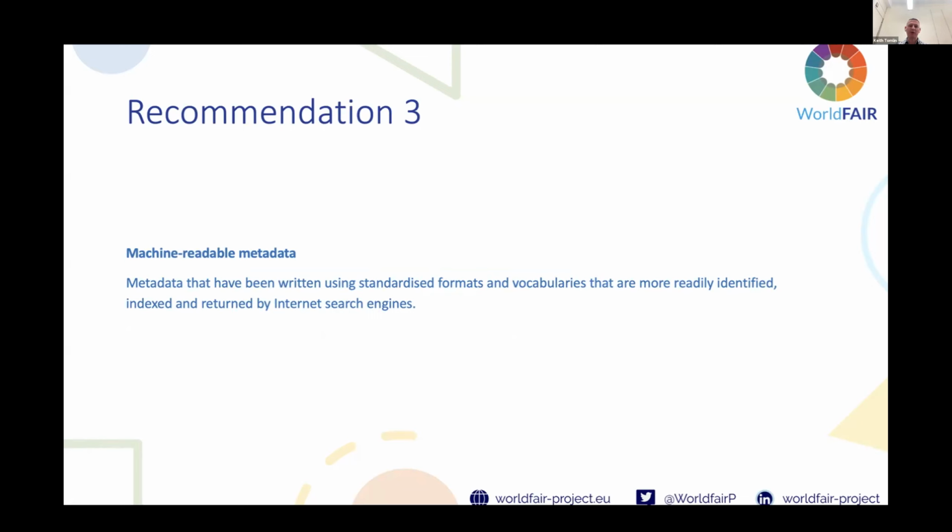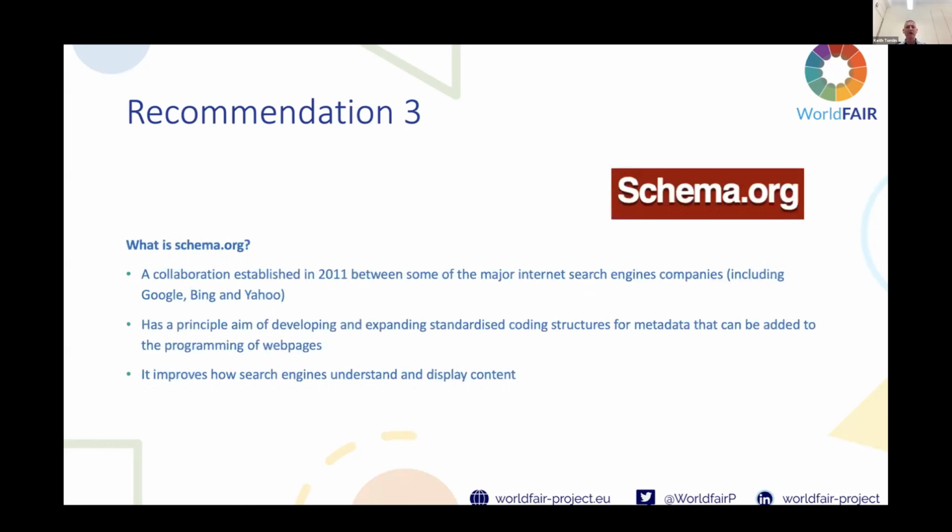The metadata is written in a way that the search engines can identify it and reveal it and display the key features of it without any kind of human intervention. And when we're talking about working at scale, which we all are, this level of automation is required. So this is what we mean by the machine readable part of it.